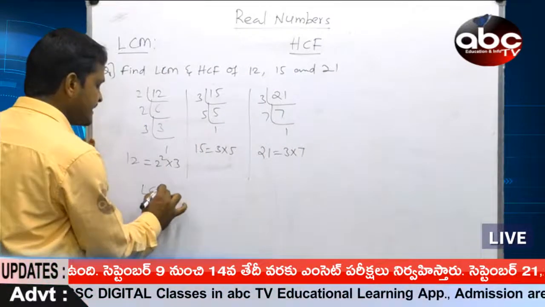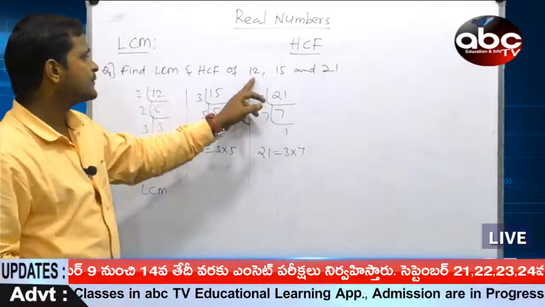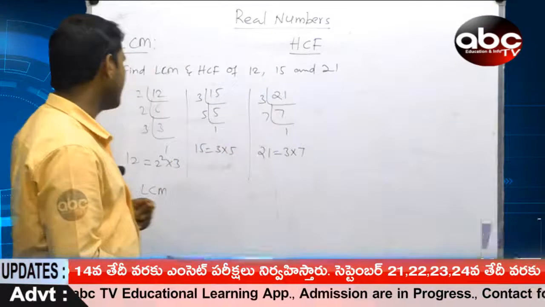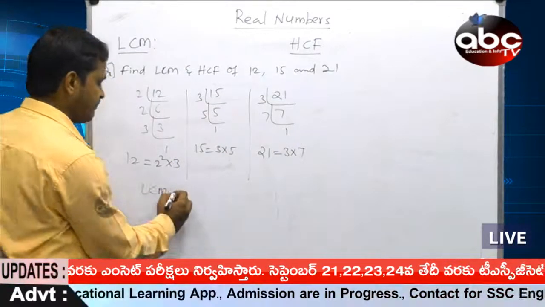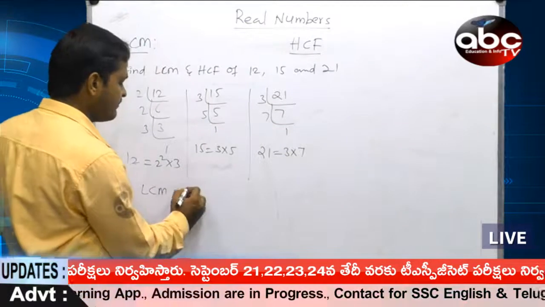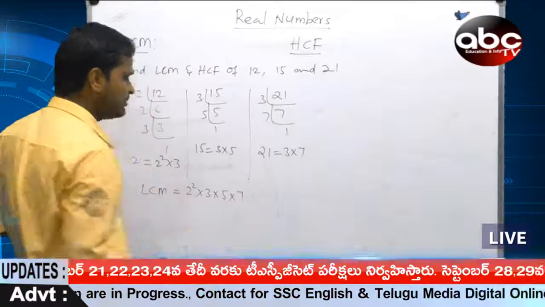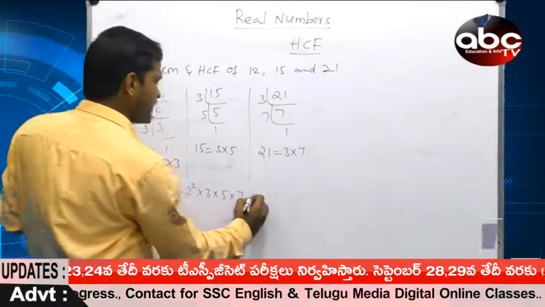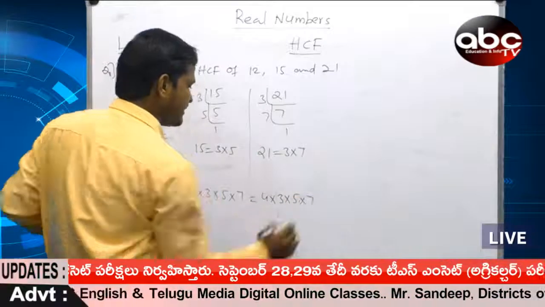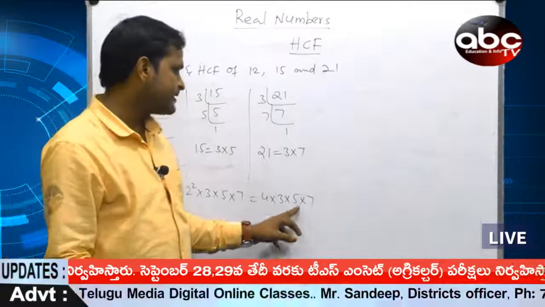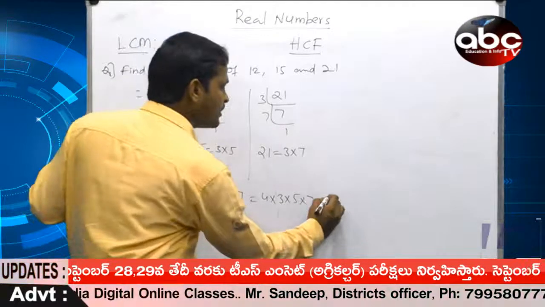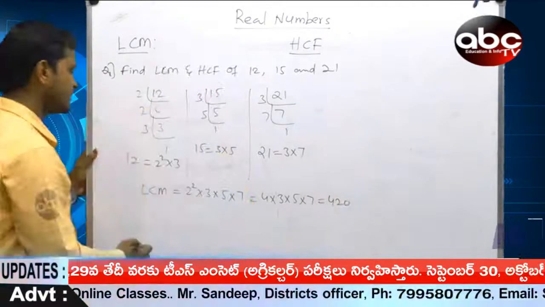Then LCM of 12, 15 and 21 is 2 square into 3 into 5 into 7. 2 square is 4, 4 3s are 12, 12 5s are 60, 60 7s are 420. LCM is 420.